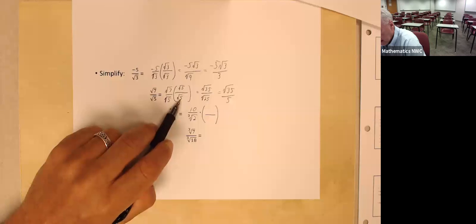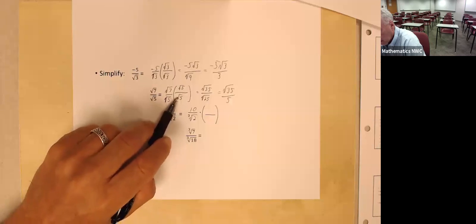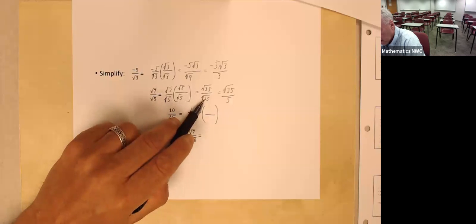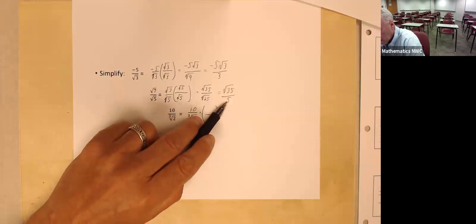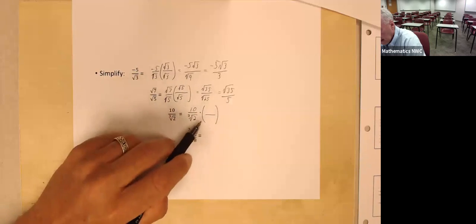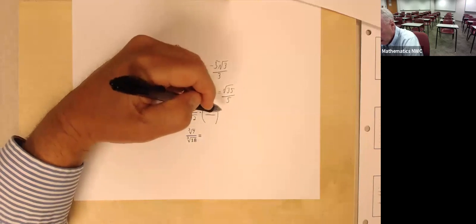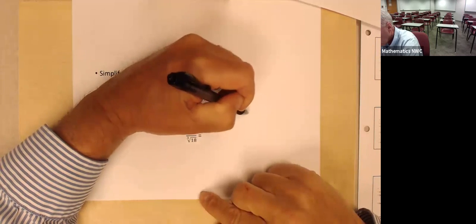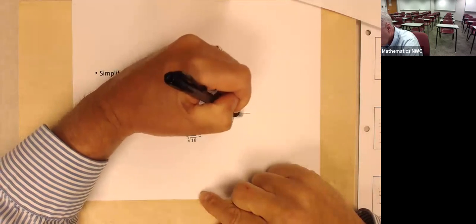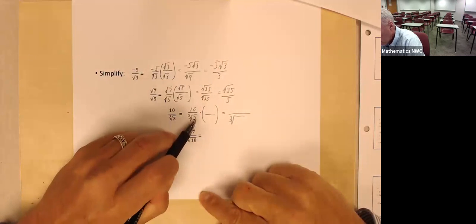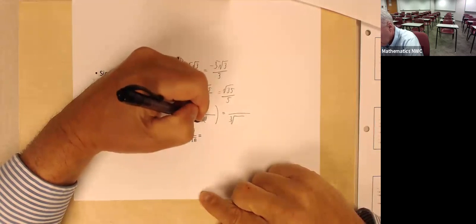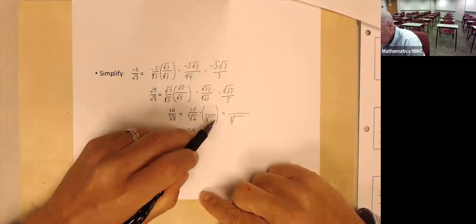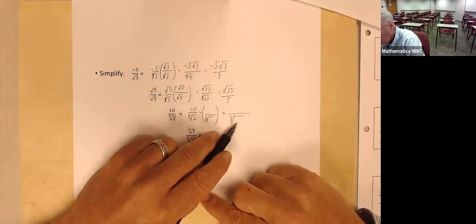In the previous example, I chose radical 5 here because I knew when I multiplied those, I get a perfect square, 25, which I could then get rid of the radical. I need a perfect cube here. 2 times some cube root has to be a perfect cube.